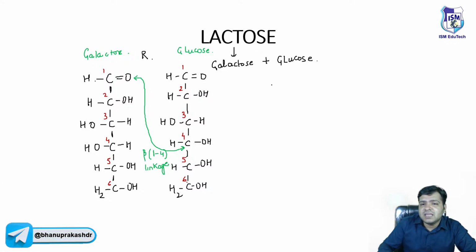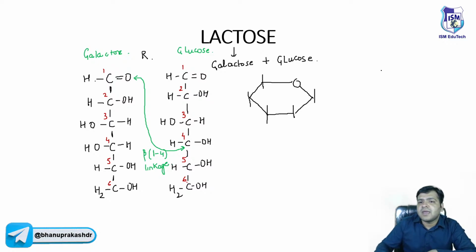Again, I will not mark each and everything beta. You have to be perfect in drawing the diagrams as of now, right? So this is the galactose and this is glucose.